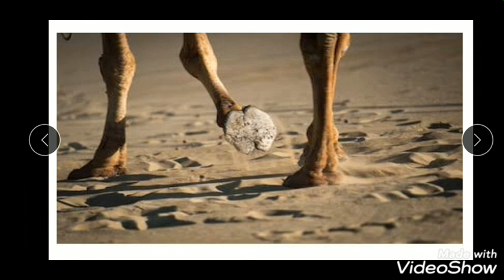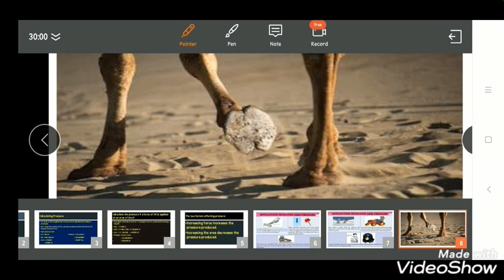You can see sandy soil at the sea, beach and everywhere, but this camel can walk fast in the sandy soil, because it has which one? Flat feet. It will increase the surface area and reduce the pressure on the sand.